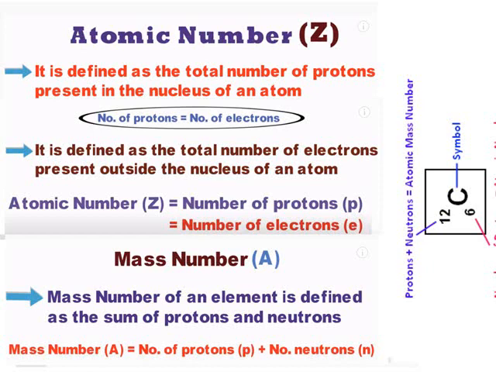So the number of protons gives the atomic number. For example, if an element has 12 protons, then that element has atomic number 12. So simply we can say atomic number refers to the number of protons.